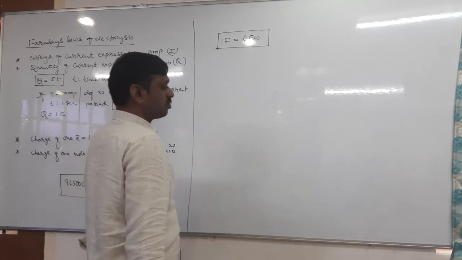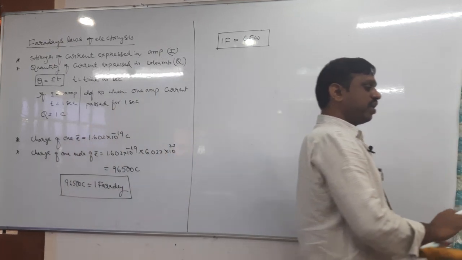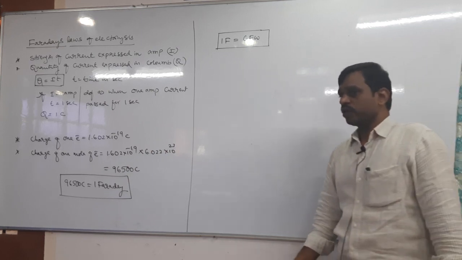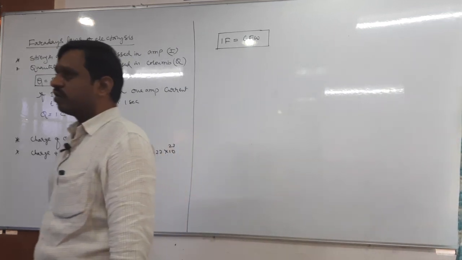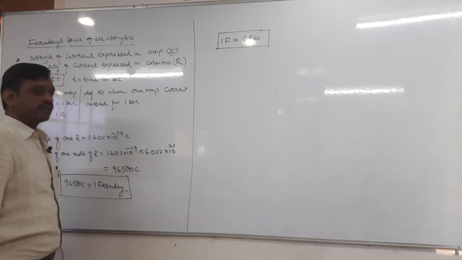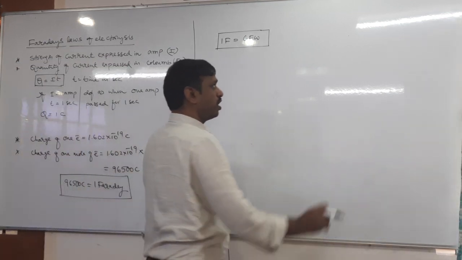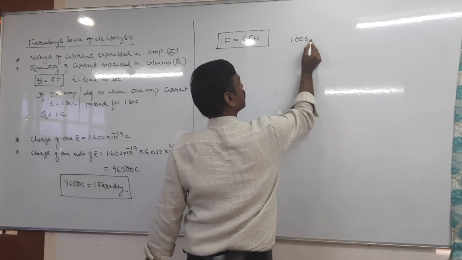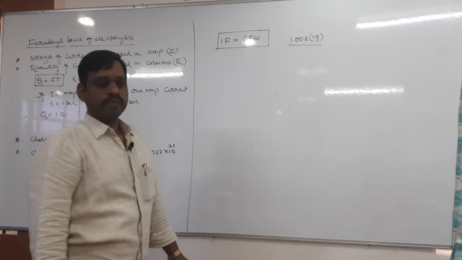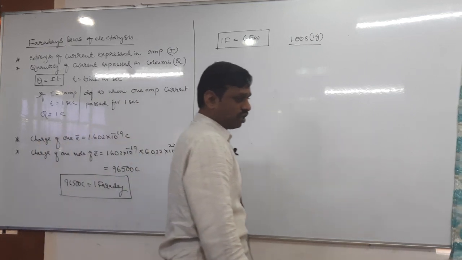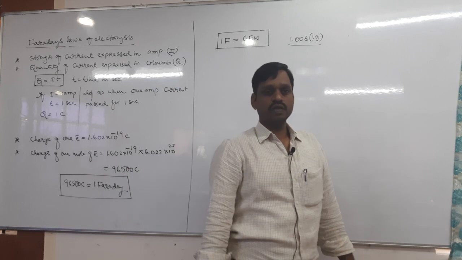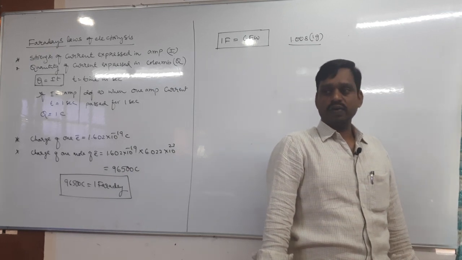Now one example. When 1 Faraday of electric current is passed through HCl, which liberates how many grams of hydrogen? 1.008 gram, approximately 1 gram of hydrogen at the cathode, and 35.5 grams of chlorine at the anode.